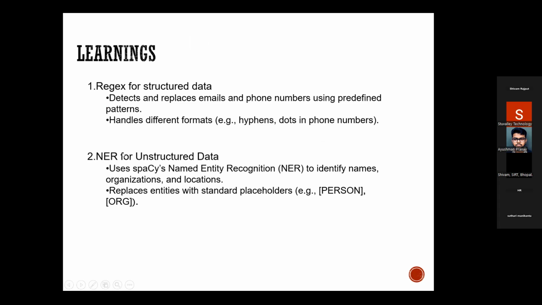And for the unstructured data, we are using NER. We are using the spaCy library for NER, named entity recognition. It is used to identify names, organizations, and locations.